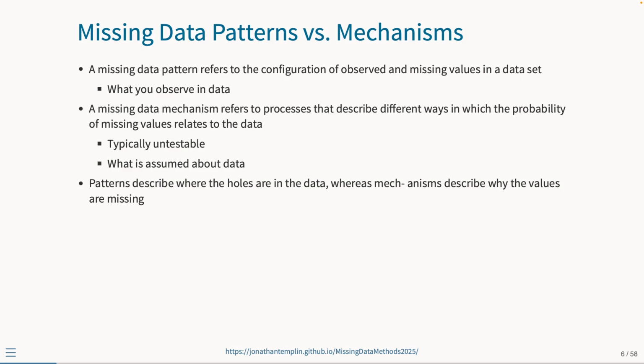And the missing data mechanism describes what that probability is dependent upon. It's potentially observed data, potentially missing data. If we could build a statistical model for the probability of missing versus not, that model would be some type of logistic regression, modeling the outcome of a binary variable.